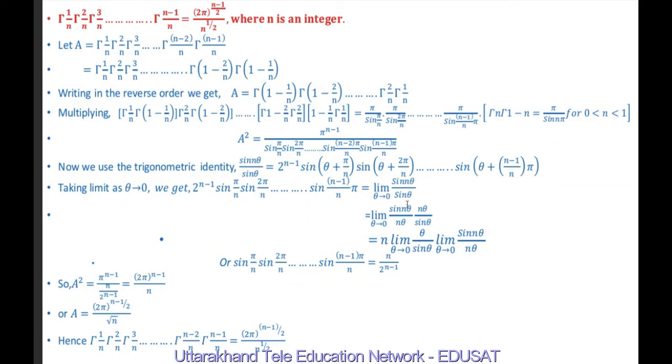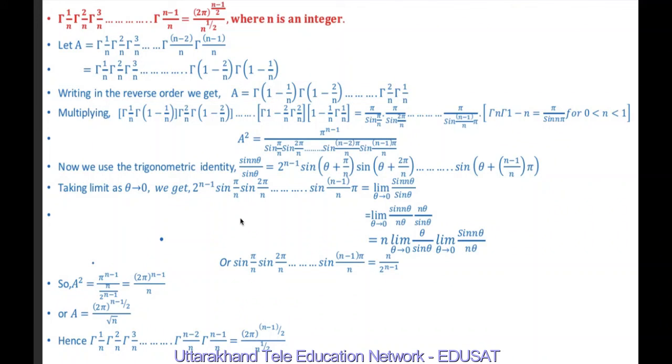So it is nothing but 1 for sin(nθ)/(nθ), and similarly θ/sin θ is also 1. So we are left with n only.